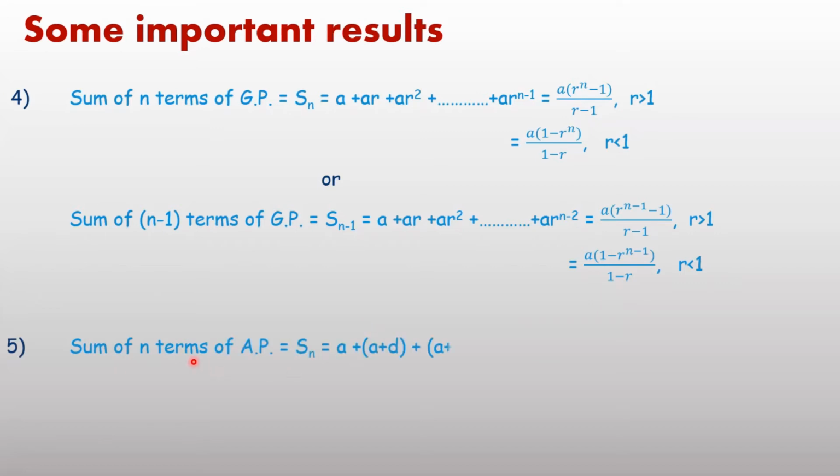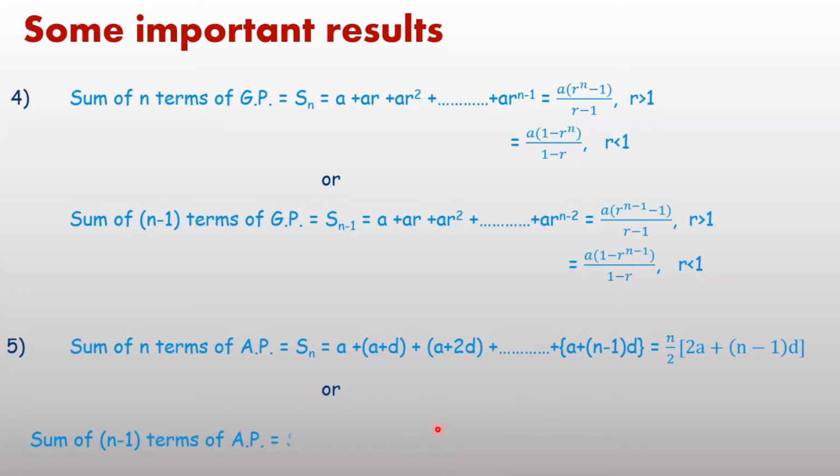And similarly, the sum of n terms of an AP equals n/2 [2a + (n-1)d], where a represents the first term and d is the common difference. Or the sum of n minus 1 terms of an AP we can write as (n-1)/2 [2a + (n-2)d]. So these identities are useful in solving questions based on the limit of a sum.